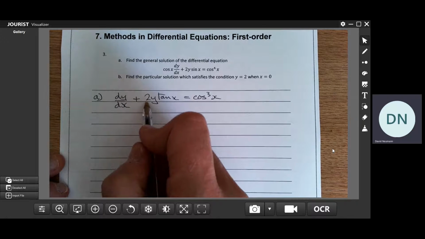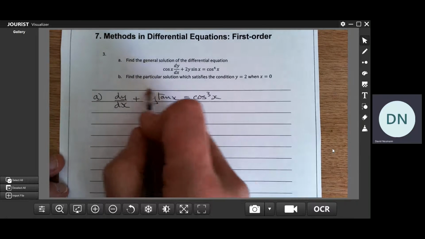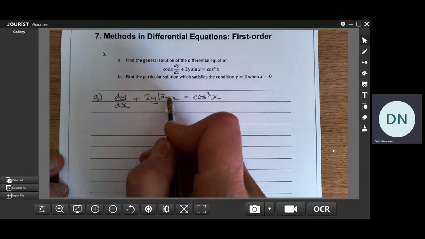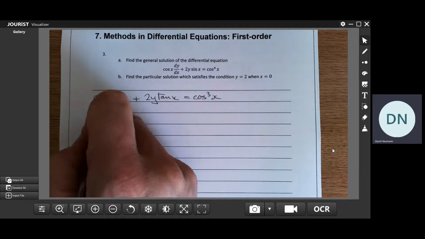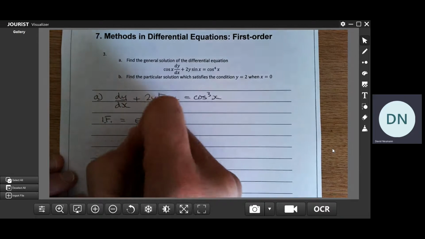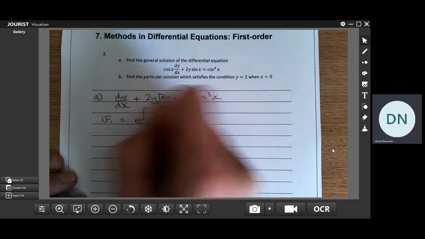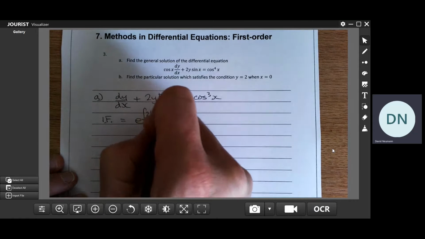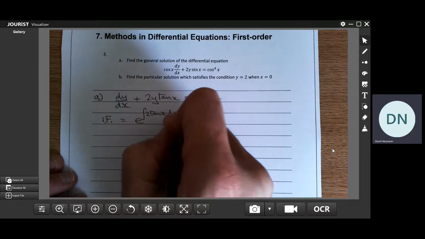Now we're going to take the whole of the function of x that multiplies y here, so that includes that too, so it's 2 tan x. Our integrating factor, if, is equal to e to the integral of this bit without the y, so 2 tan x dx.